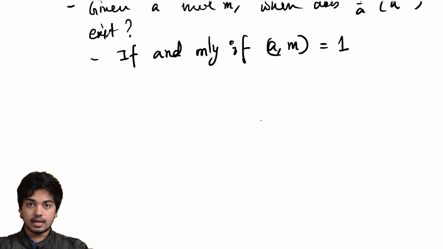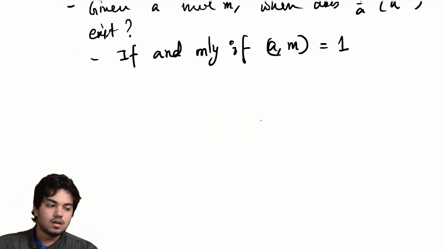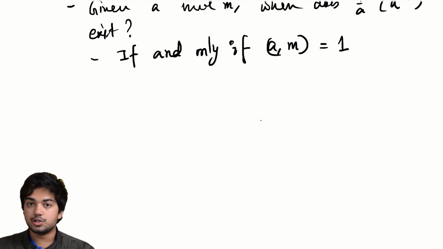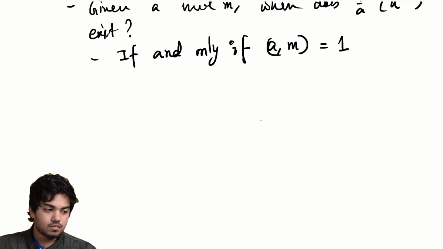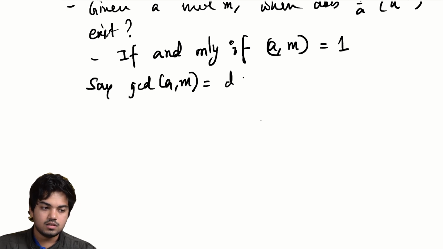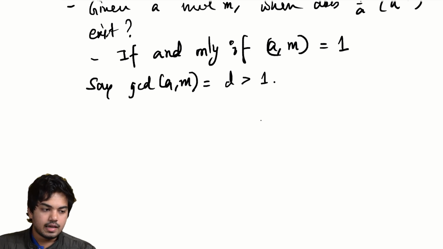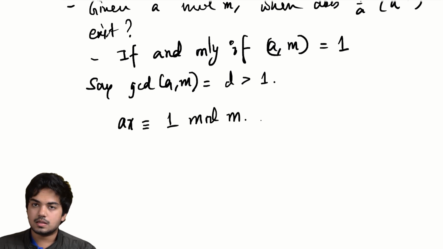I can tell you very clearly why that is. Let's look at what happens if a is not coprime to m. Say a and m share some factor d, say gcd(a, m) is equal to d, which is greater than 1, some non-trivial common factor. And say a had an inverse, so say ax was congruent to 1 mod m for some x.